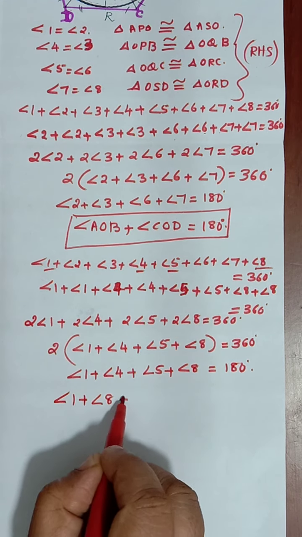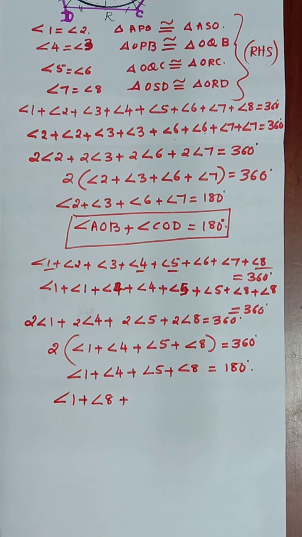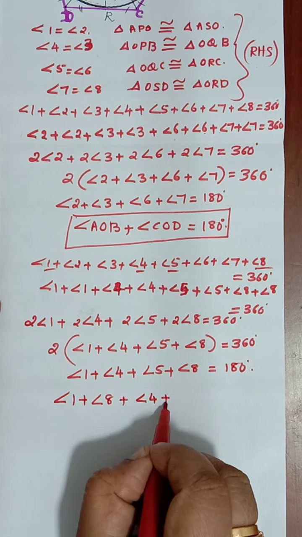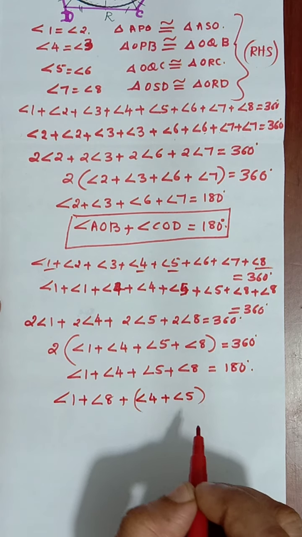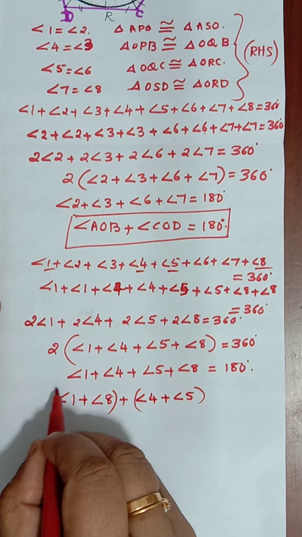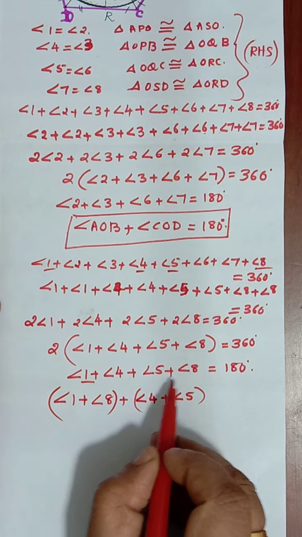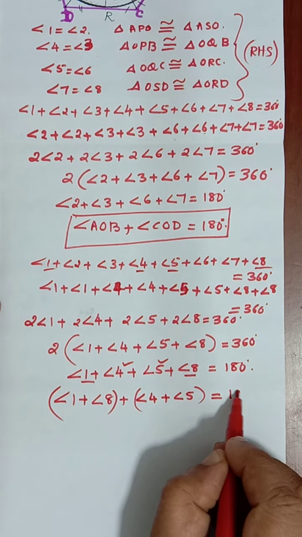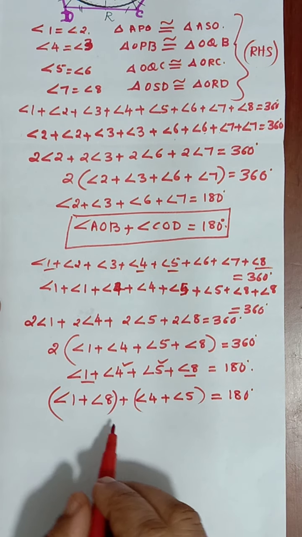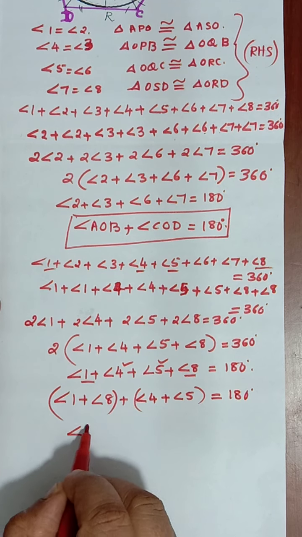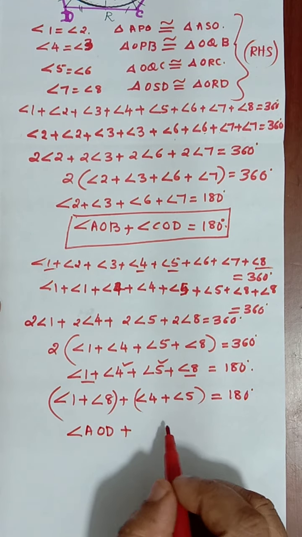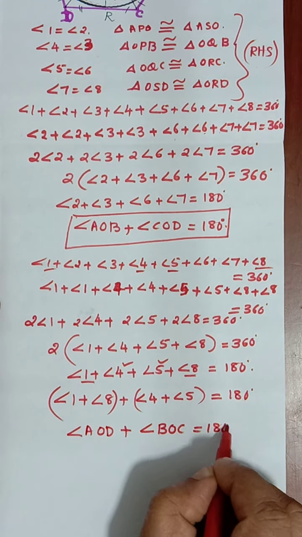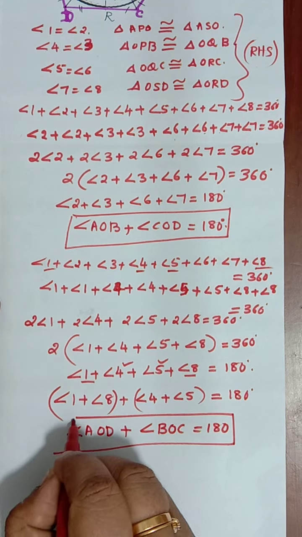If you make 1 plus 8 together, we get angle AOD. Then 4 plus 5 together gives angle BOC. This is how we group 1 and 8 nearby, 4 and 5 nearby. That's equal to 180. 1 plus 8 in the figure is angle AOD, plus 4 plus 5 is angle BOC. The sum of them is equal to 180. Hence we have proved.